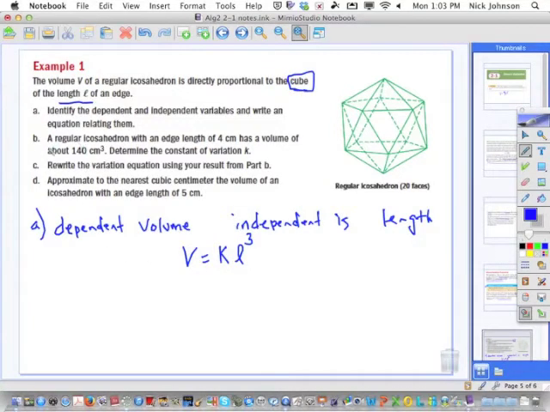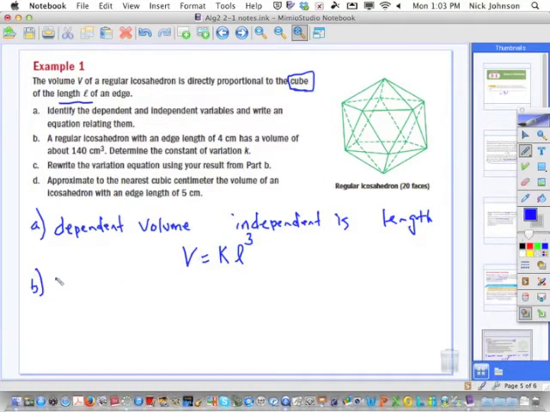B says a regular icosahedron with an edge length of 4 centimeters has a volume of about 140 centimeters cubed. Determine the constant of variation. So for B, all I have to do is put that into this equation right here.